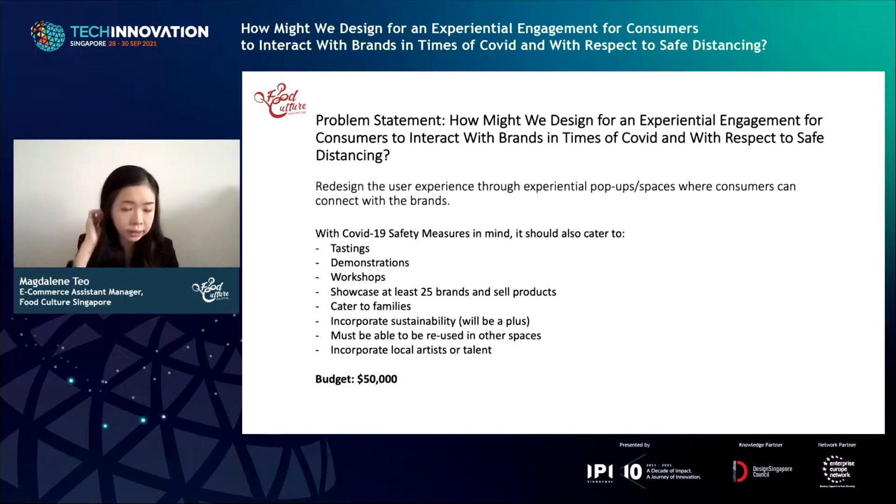So here comes the problem statement. We understand that for new brands especially, physical pop-ups are very important for them to reach their target audience and connect with their consumers better.